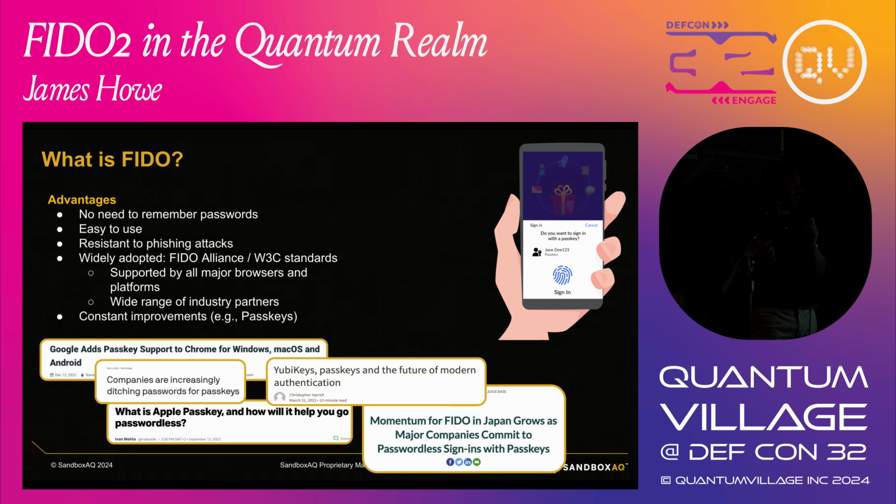So FIDO allows you to be a lot safer online. You don't have to remember all of your passwords, therefore your password reuse is a lot lower. It resists phishing attacks, I think, most importantly. And the FIDO Alliance are the people that also push for Passkeys as well.